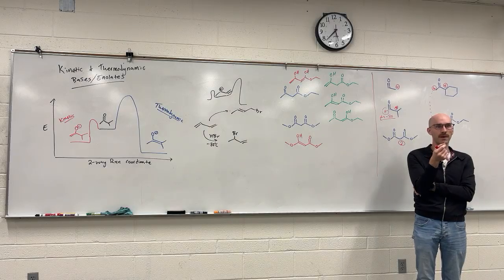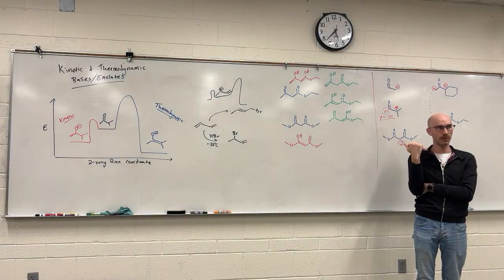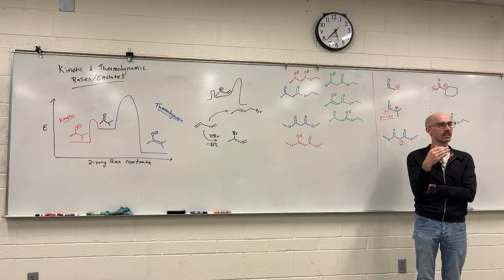Why can we suspect that the more stable enolate, the more stable conjugate base, takes more energy to form? It has to make sense. There has to be a reason why. Any suggestions?